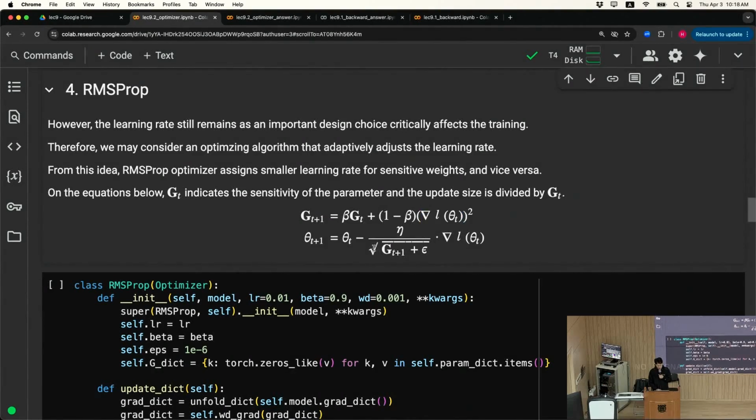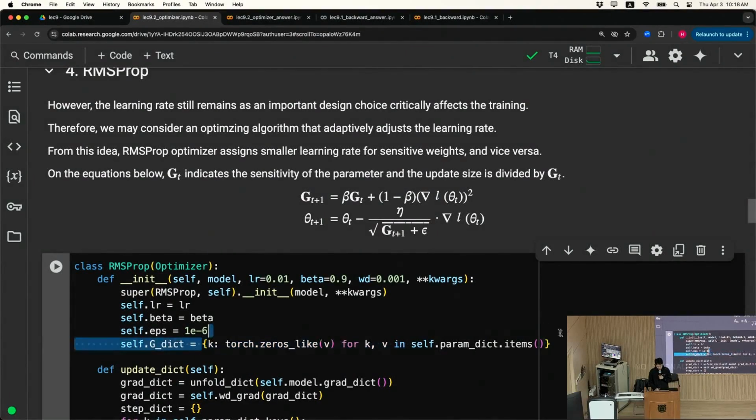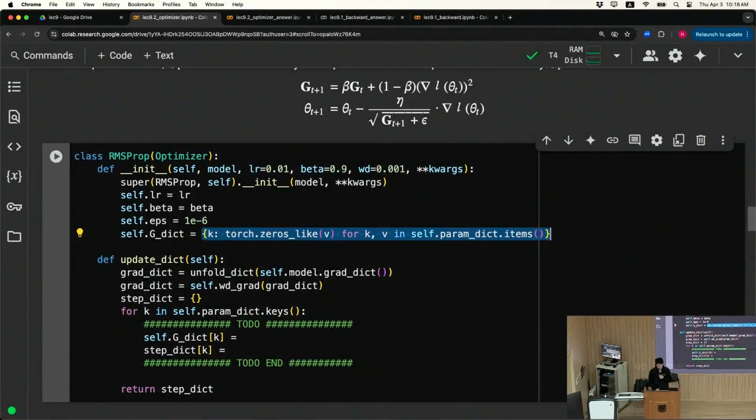But with the scaling, we're going to more or less match how much progress we make on the first and second dimensions, because we divide by the size. So we're going to make equally sized updates for all dimensions. That's the basic idea. So we have kindly provided the G dict. Your job now is to implement this.